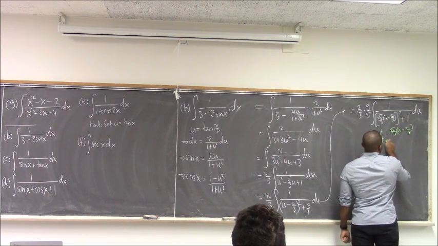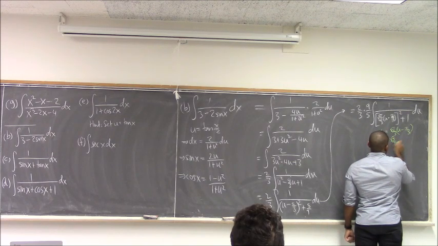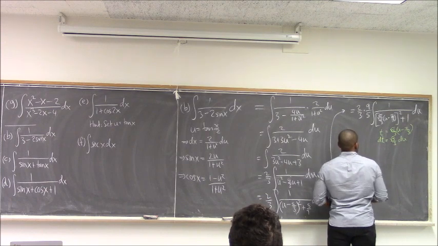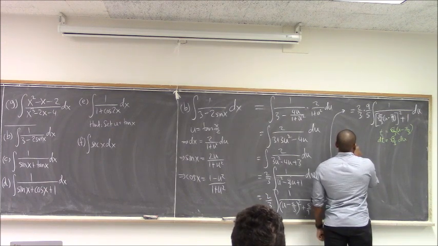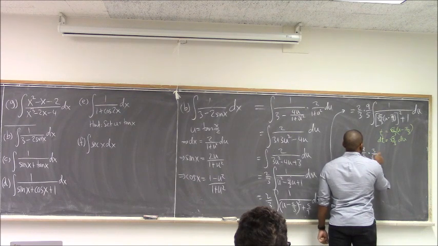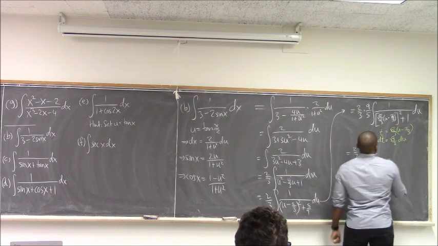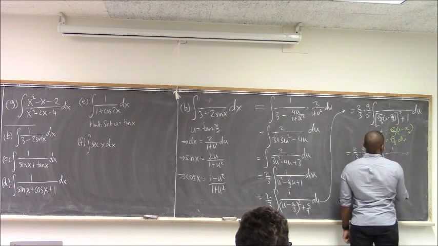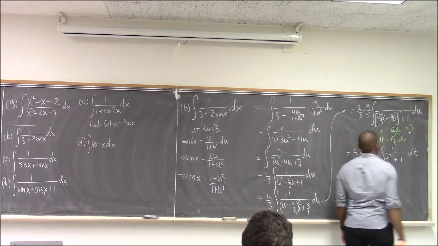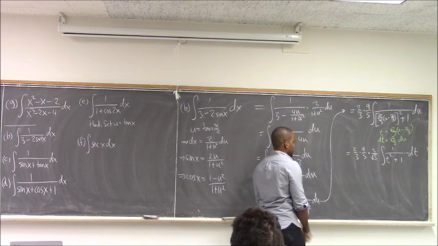Then my dt is just going to be radical 5 over 3 du. And so what I would end up with is 2/3 times 9 over 5 times 3 over radical 5 times 1 over t squared plus 1 dt, which gives you the arctangent.